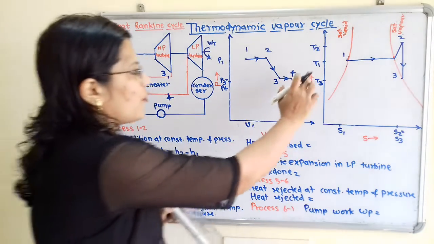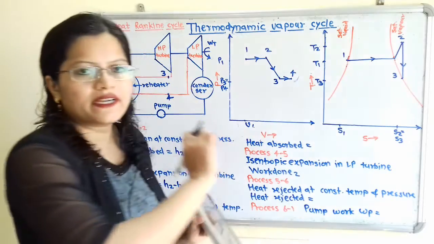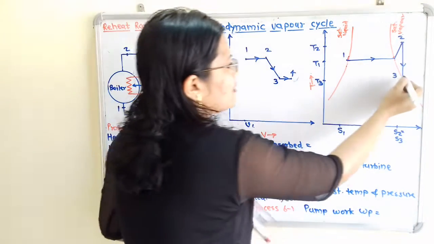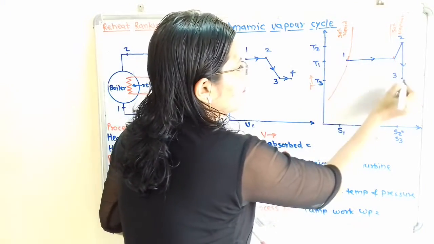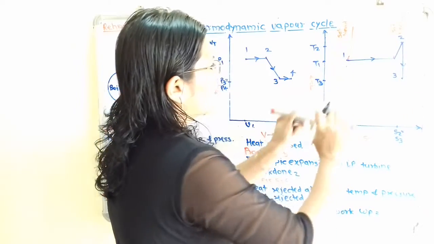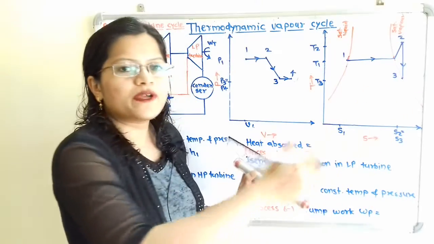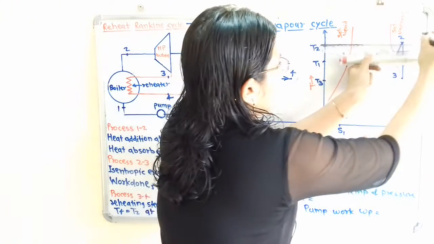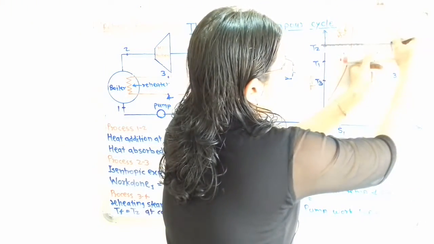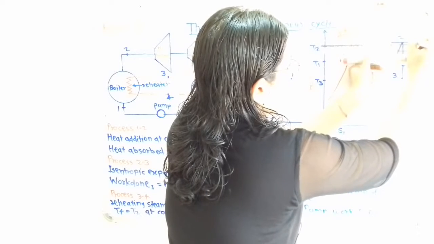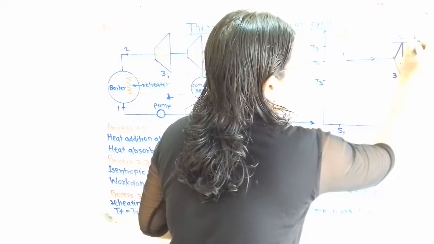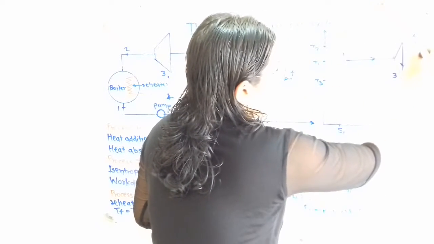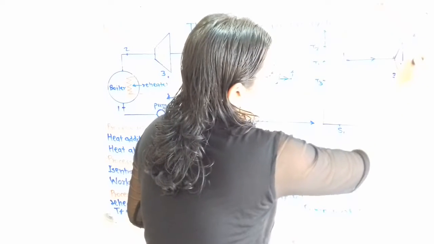Now for the temperature entropy diagram, we have to take temperature at point 4 equal to temperature at point 2, and entropy we have to use the increase in entropy. So I will take the horizontal line here, and on this horizontal line only I will select here the point 4, and there is the increase in temperature. So we have to take here the inclined line.